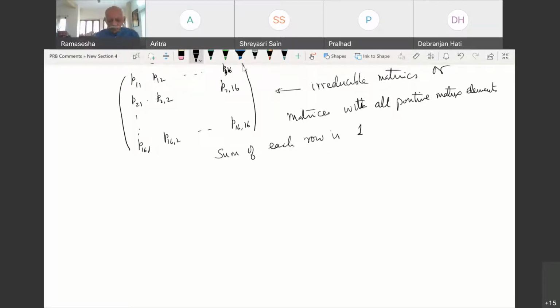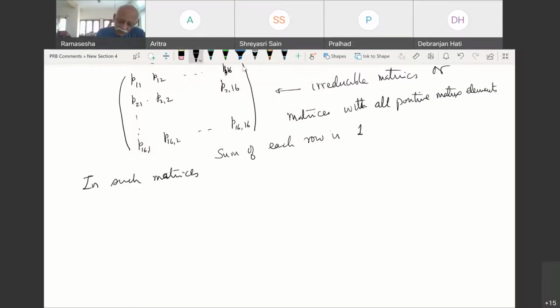Okay, so in such matrices, I will state without proof. If you want proof, it is not complicated except that I have to do it in many steps.